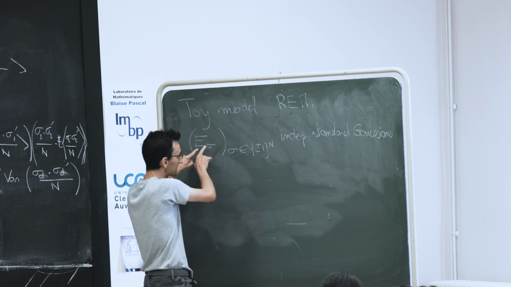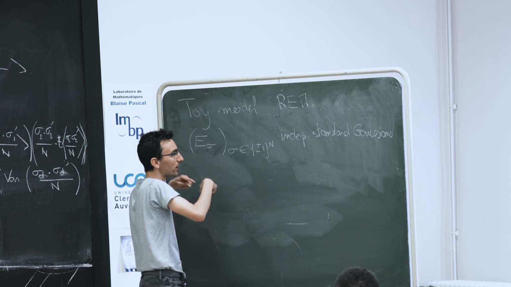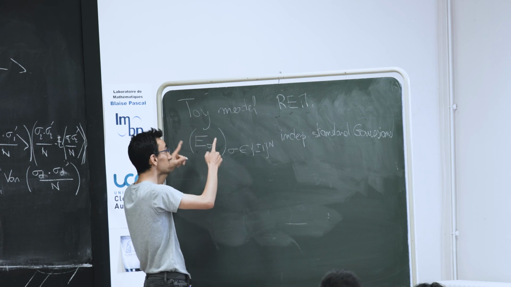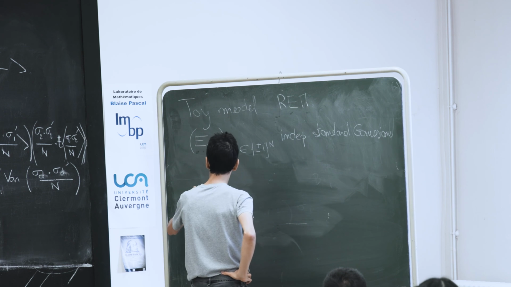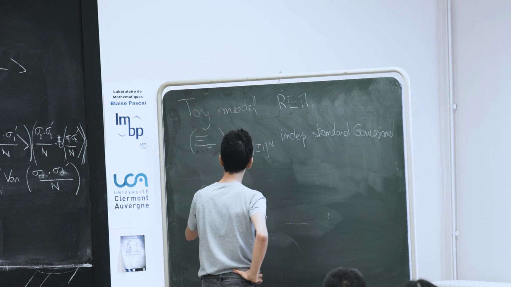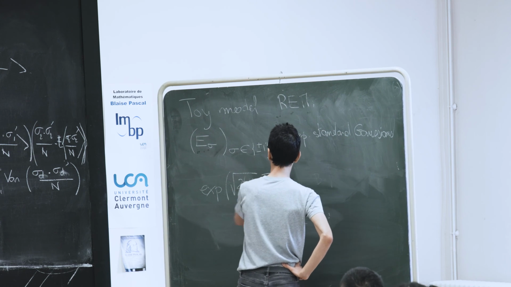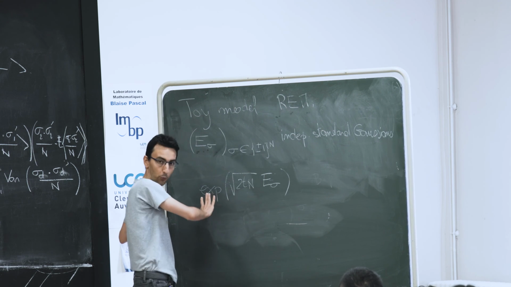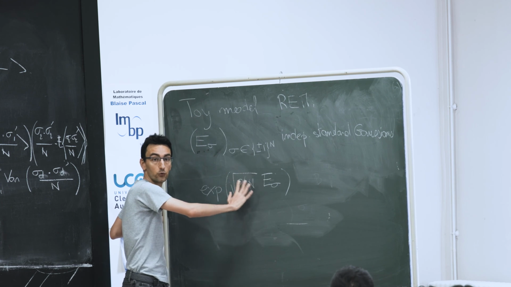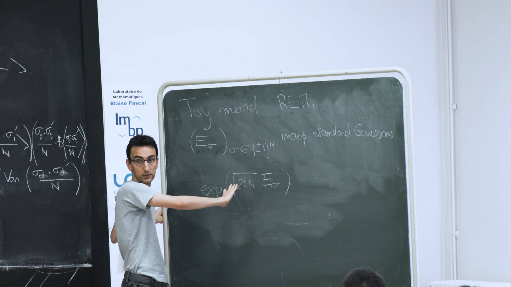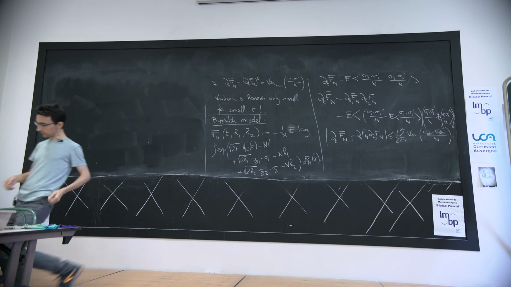So these I take as standard Gaussians, but in truth our energy functions have variance n. So I'm thinking that the true energy is square root of n times this guy. I would like to understand what's going on with exponential of the square root of 2tn times E sigma. I think of it as being the probability measure that I care about, which wants to put a weight proportional to that number on the configuration sigma. Does that make sense? Okay, so let me see how I want to explain this.